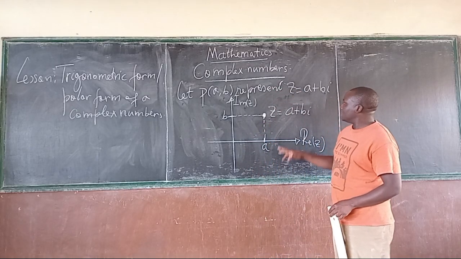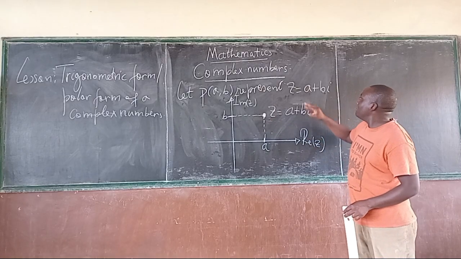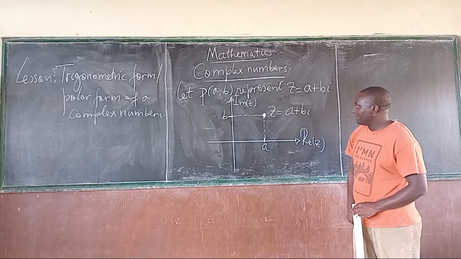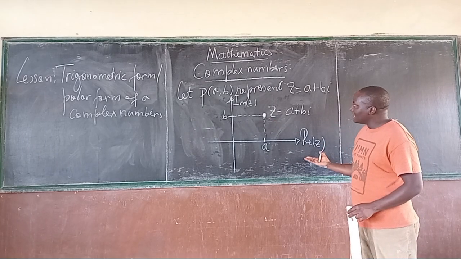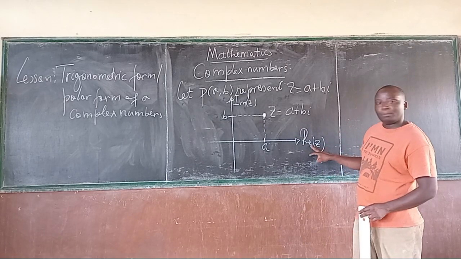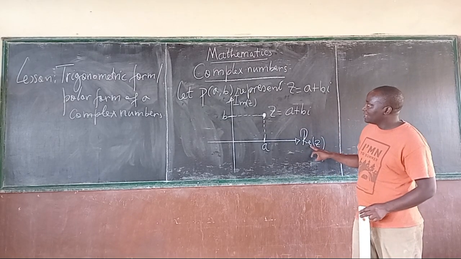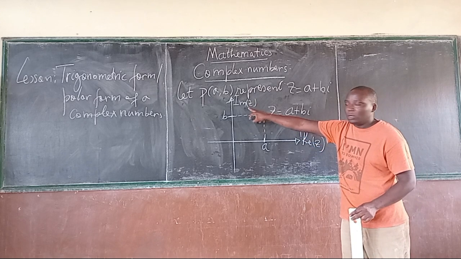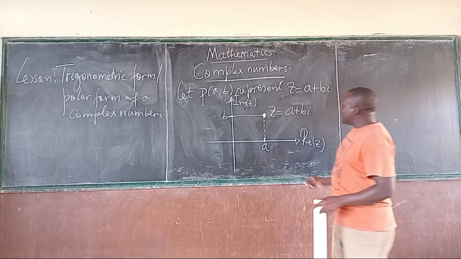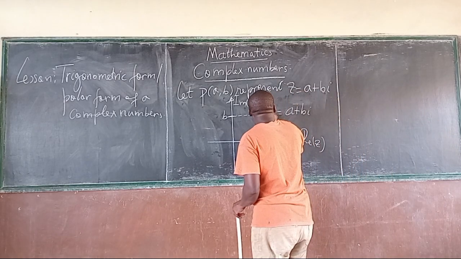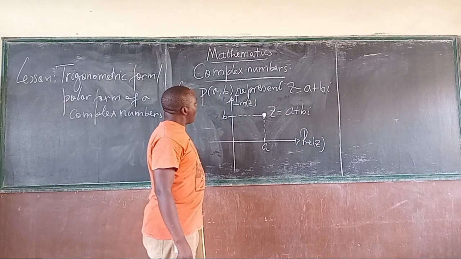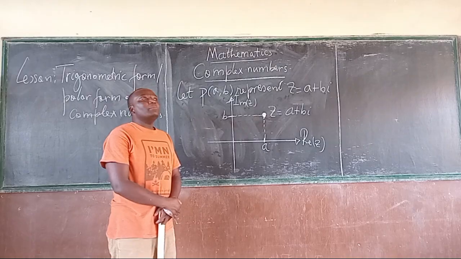Teachers, as you see, I represented my given complex number on an Argand diagram. Simply, an Argand diagram is like an xy plane, where you put your real part on the x-axis and the imaginary part on the y-axis.